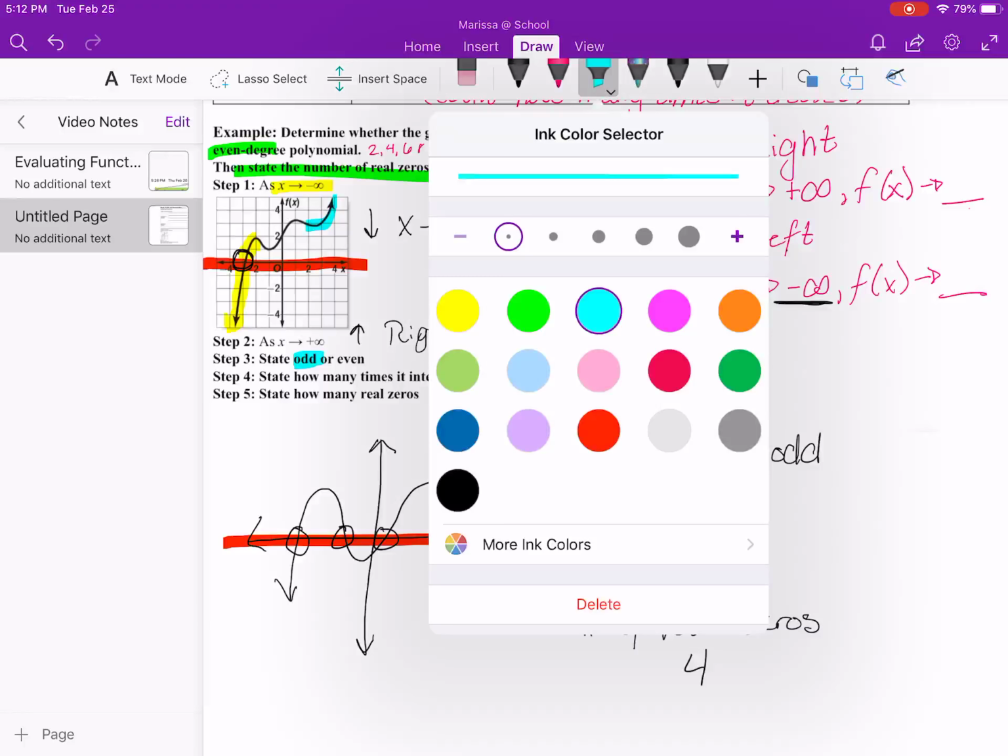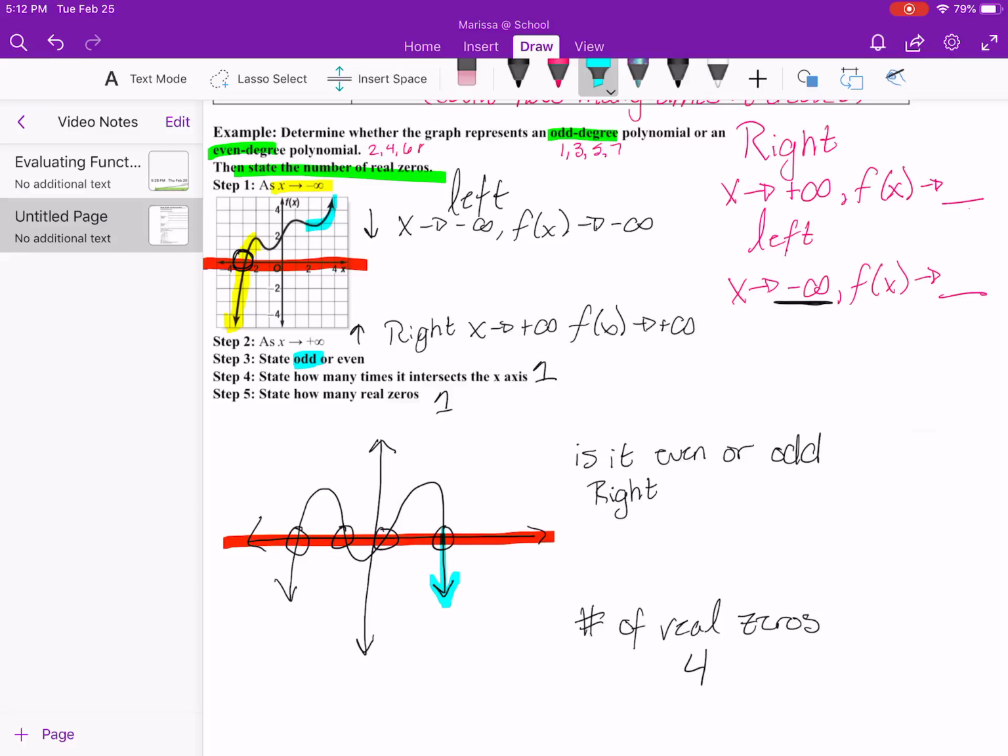I have an arrow that points down. So that means as x approaches positive infinity, and I'm going to write that beside rather than underneath.